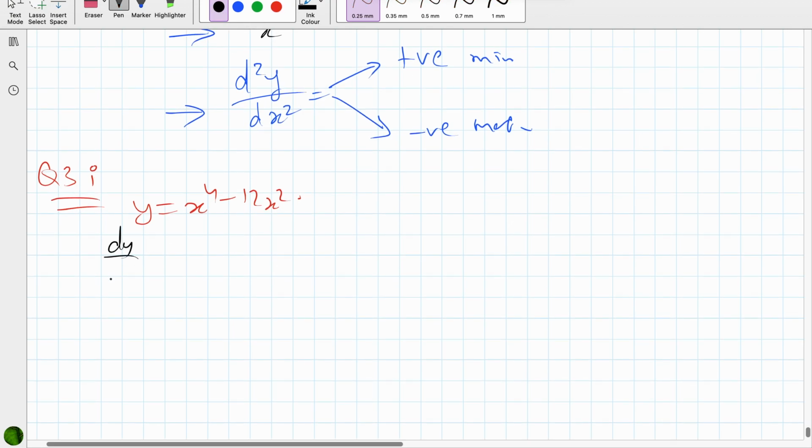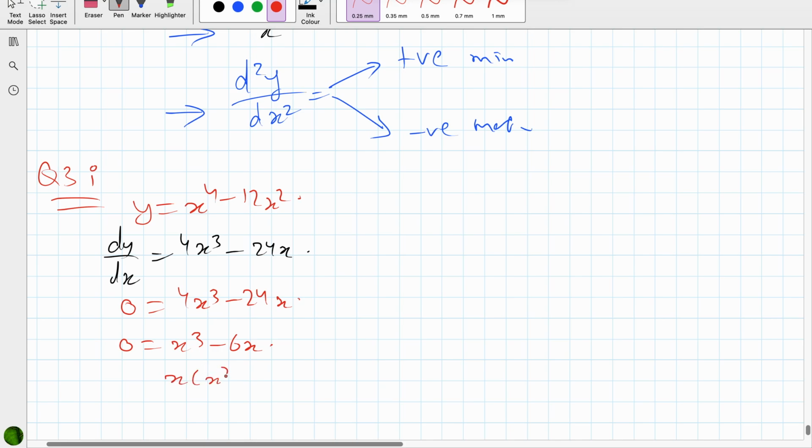So dy by dx is equal to 4x cubed minus 24x. Done with dy by dx. Gradient is 0 at the turning point, so 4x cubed minus 24x equals 0. We're solving for x, dividing by 4 on both sides. 0 is equal to x cubed minus 6x.